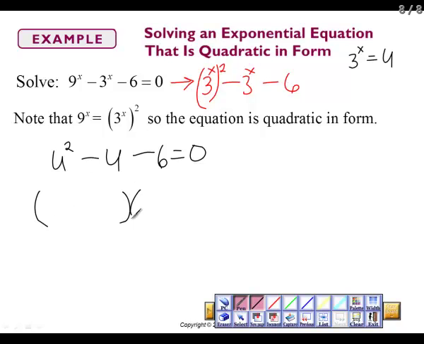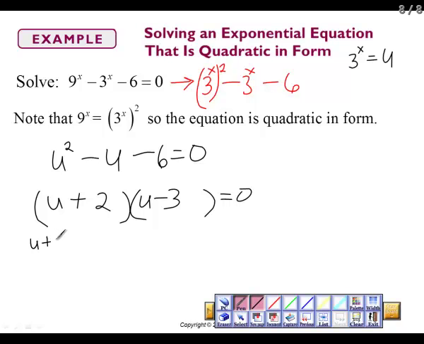And so now we go ahead and factor, put u and u here, and plus and minus, and we're going to put 2 and 3. Let's see, that'd be negative 3u and plus 2u, that gives us a negative 1u, so it checks.